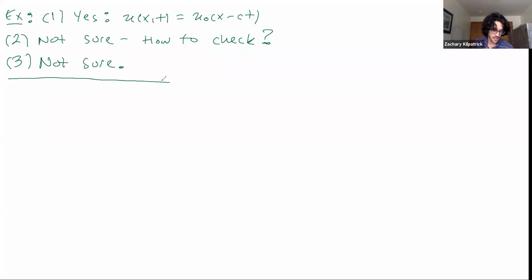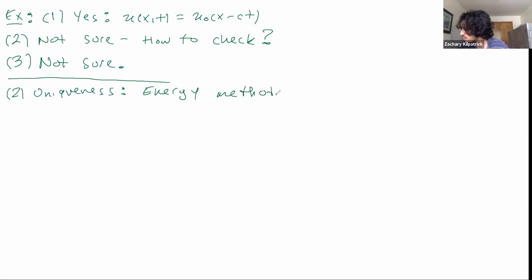All right, so let's see how this works. So for uniqueness, we have a lot of tools for doing this that I'll share as we go throughout the course. And one of them is what's called the energy method.